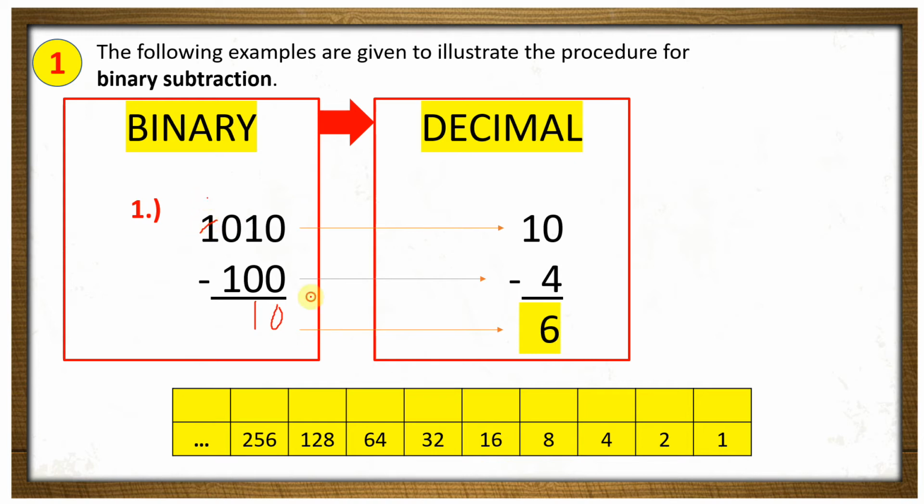This will become 0, and the 0 becomes 0 1. In decimal, 0 1 is actually 2, so you think of it as 2, and 2 minus 1 is 1.